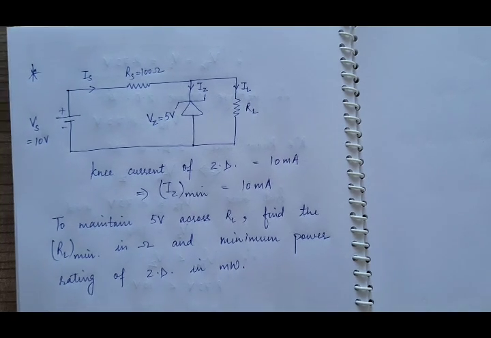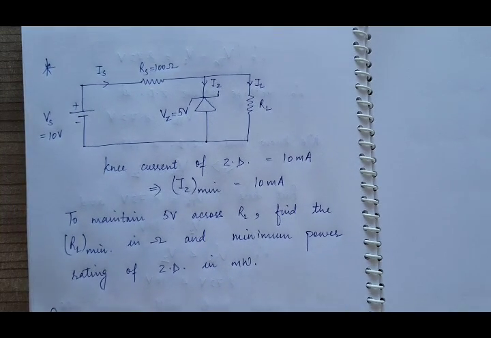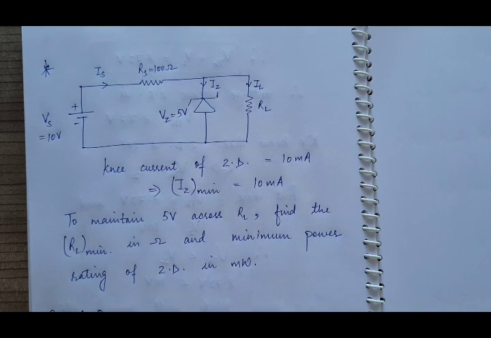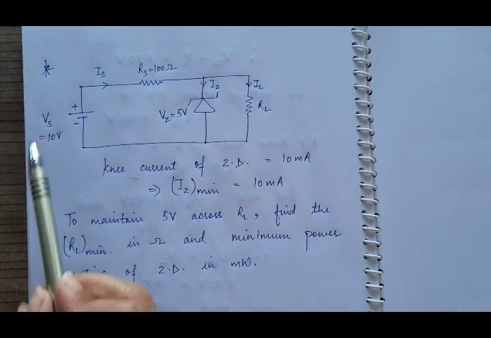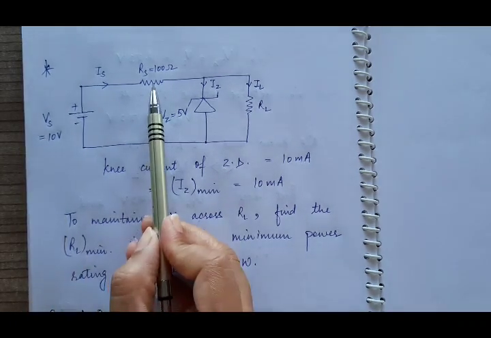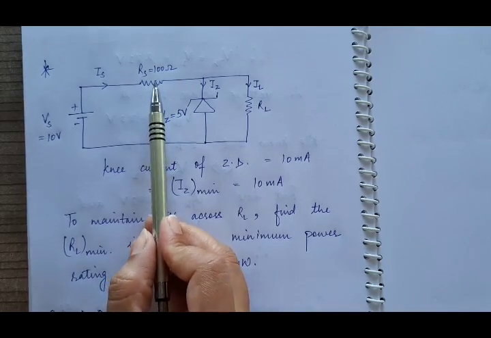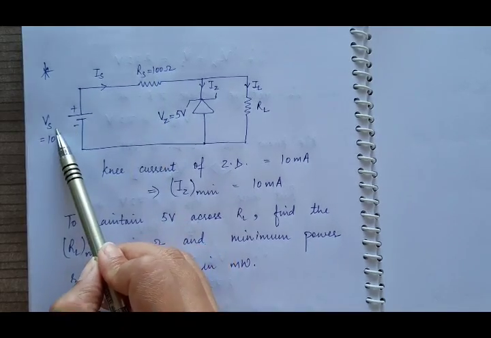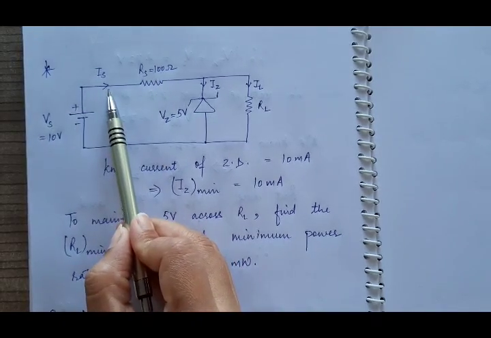So what will be the solution? From the question, it is clear that this is fixed, this is fixed. Now if these are fixed, then the source current will be fixed.